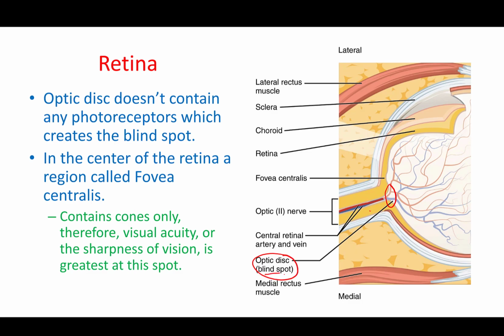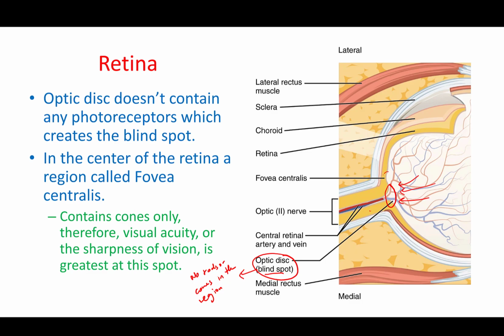And this optic disc is the blind spot. Why do we call it a blind spot? Because there are no rods or cones in that region. So any light that falls into this area, we don't see it. In the lab, we will test our blind spot and try to locate it in our eye. So this is one area that we need to know about.